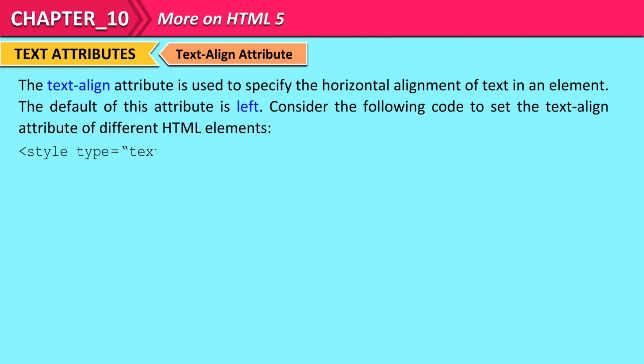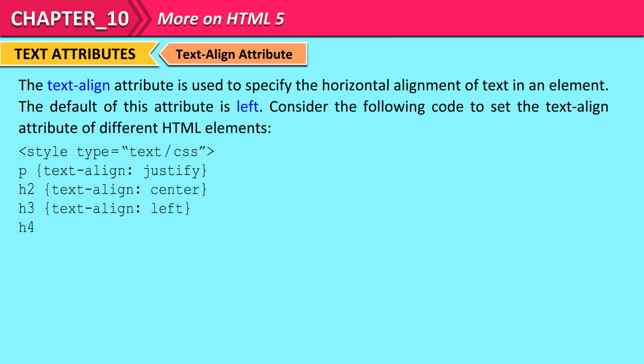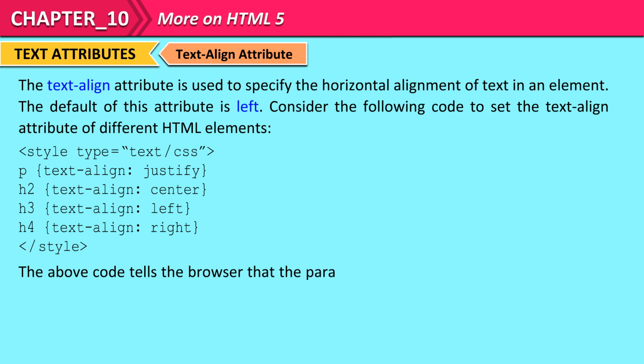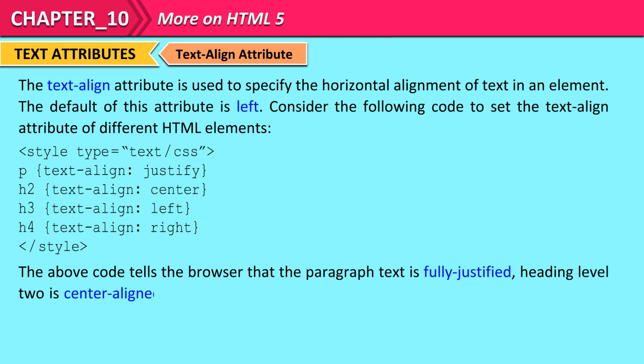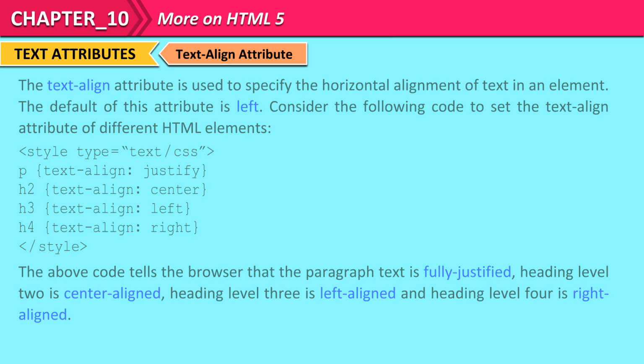Style type is equal to text/CSS, P, text align justify, H2, text align center, H3, text align left, H4, text align right, close style. The above code tells the browser that the paragraph text is fully justified, heading level 2 is center aligned, heading level 3 is left aligned, and heading level 4 is right aligned.